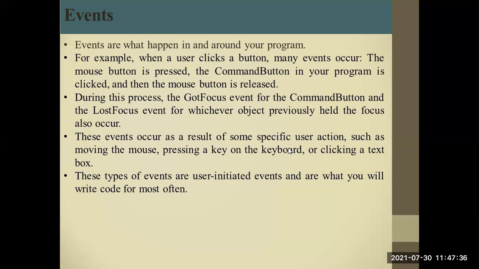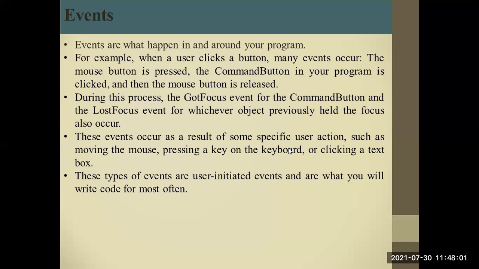During this process, we get focus on the command button event, and the lost focus event for whichever object previously held focus also occurs. That means the previous focus object is lost, and we get focus on the command button.